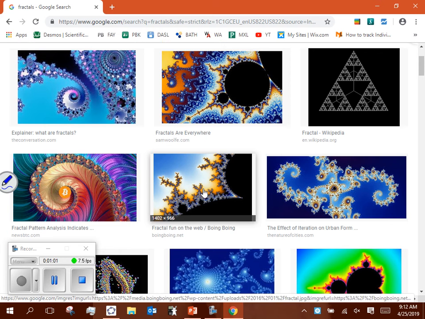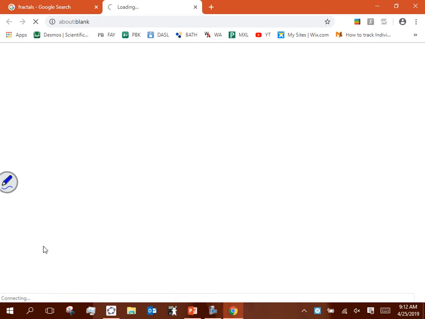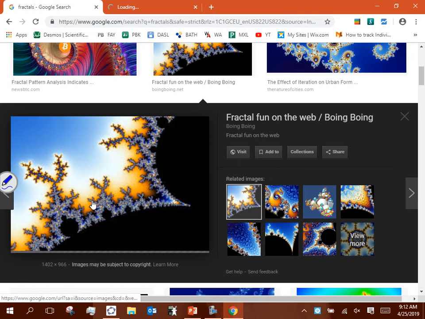And the idea is, if I've got a fractal here, I should be able to zoom in on these branches and continue to zoom in infinitely many times and still get the same image to show up. Does that make sense?